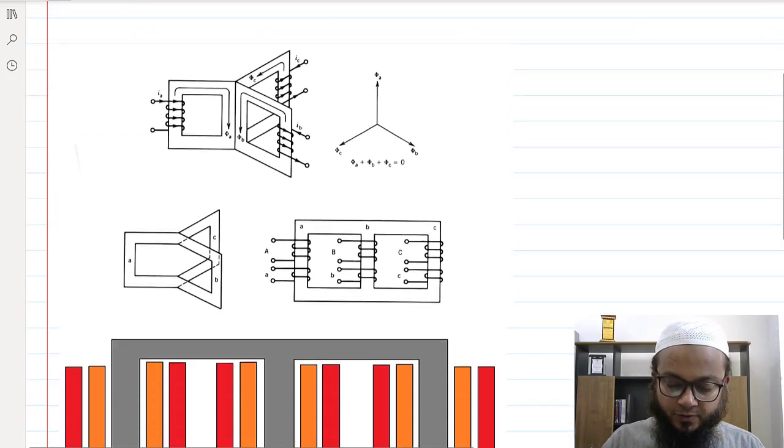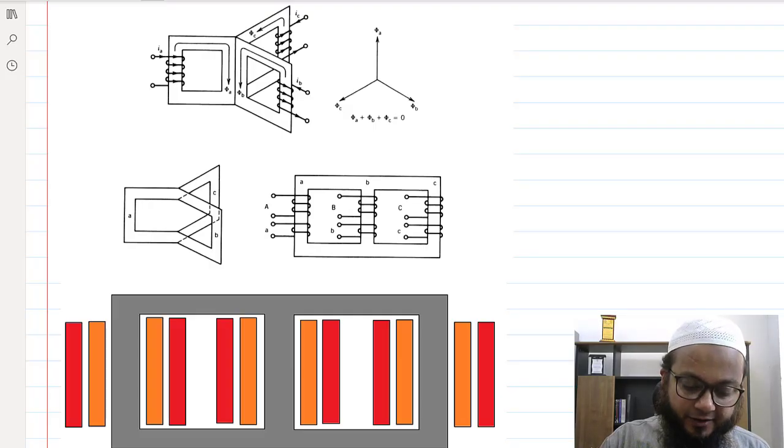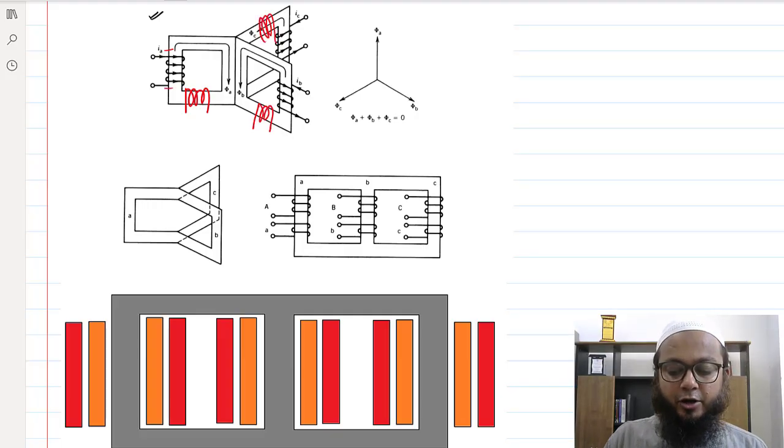So in the core type, if you see here, I have shown this kind of core arrangement where each limb is 120 degrees apart, and on each limb we have the primary as well as the secondary winding.